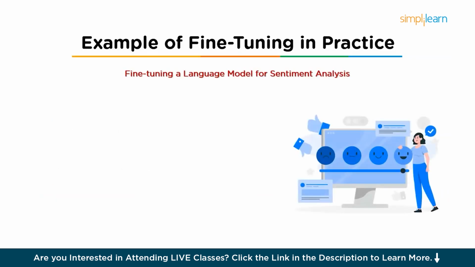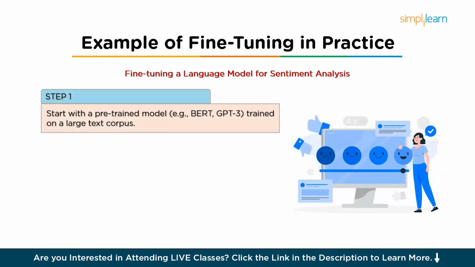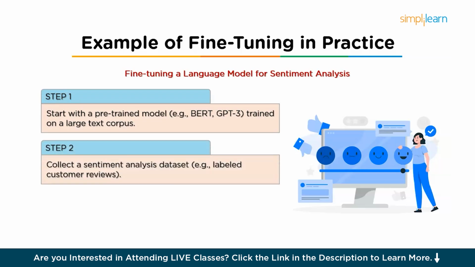So we'll take an example of fine-tuning a language model for sentiment analysis. So the first step would be to start with a pre-trained language model, which has been trained on a large, diverse text corpus. And then step 2 would be to collect a task-specific dataset for sentiment analysis, such as a collection of customer reviews which are labeled as positive, negative, or neutral.